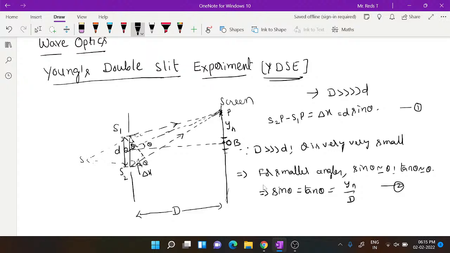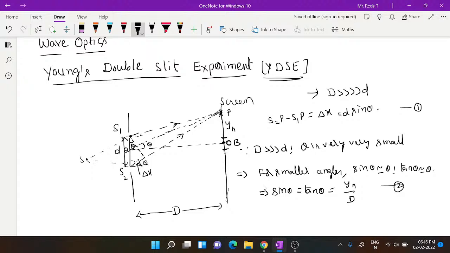If you get two beams from a given source, then they will have the same frequency. So if the light coming from a given source is allowed to pass through two different slits, these light beams we have to treat as waves. The light waves passing through S1 and S2 behave like two different sources having the same frequency.